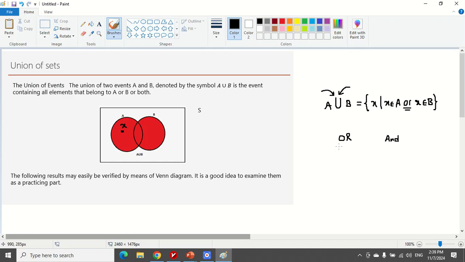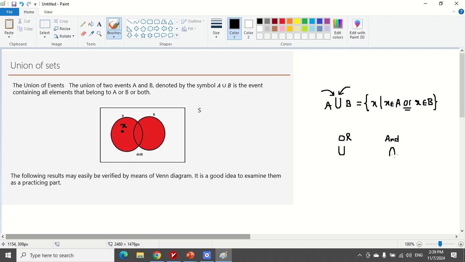This "or" is specified by the union, and this "and" is specified by the intersection symbol. It's very important to understand these differences, especially when we discuss probability. When we have a statistical experiment and we say that something happens or another thing happens, it's enough for one of them to occur. But when we use the word "and", it's going to be the intersection.